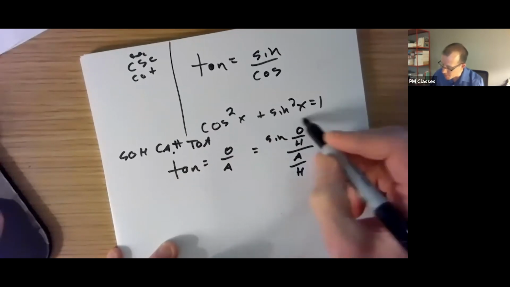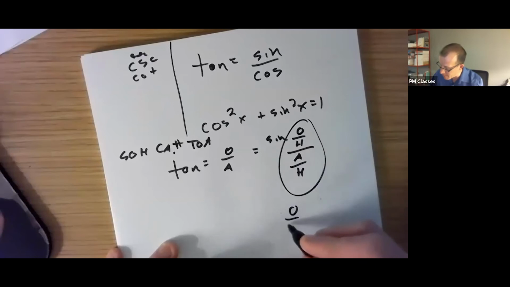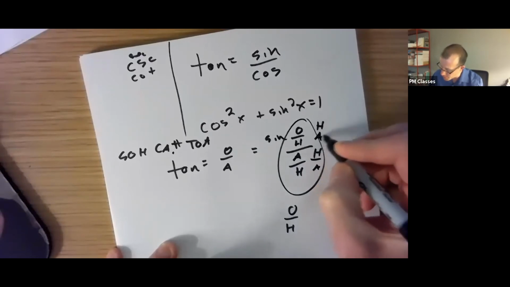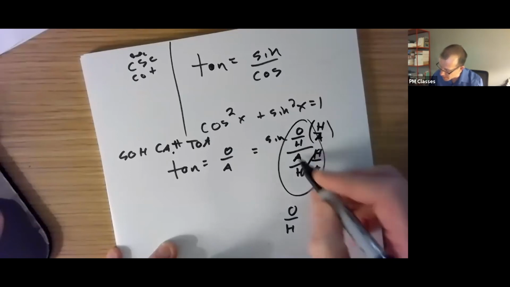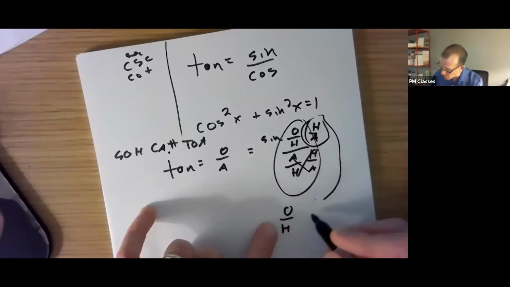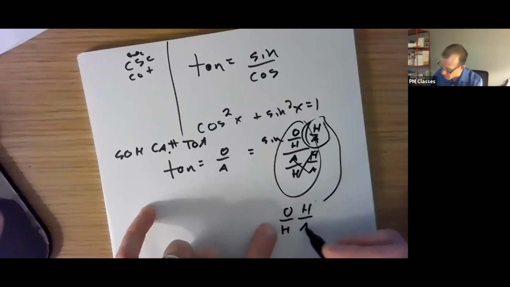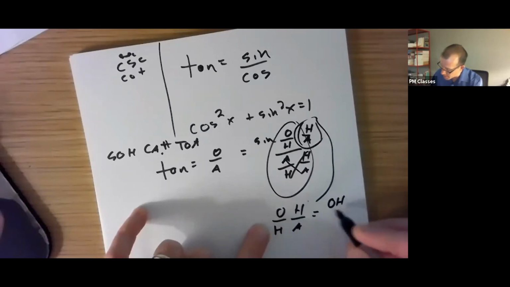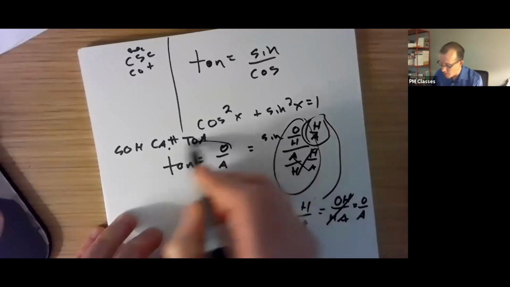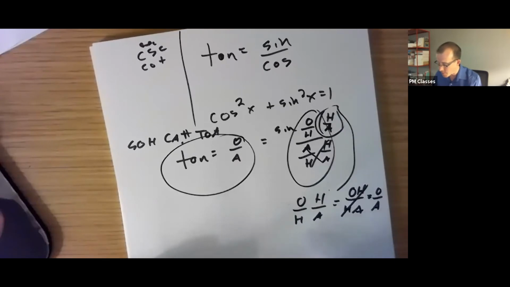So again, if we take this, we know that when we divide by a fraction, we multiply by its reciprocal. So these cancel out. I just do 1 on the denominator, and I get O over H times H over A. Those cancel out, and I'm just left with O over A, which again is what tangent equals.